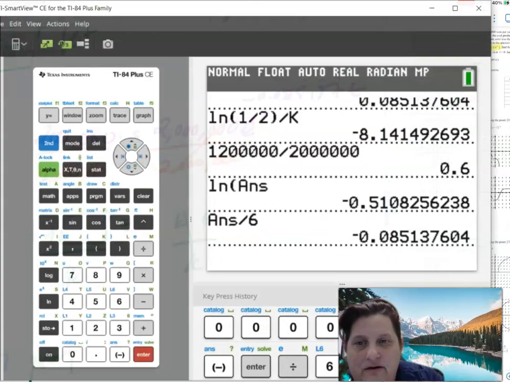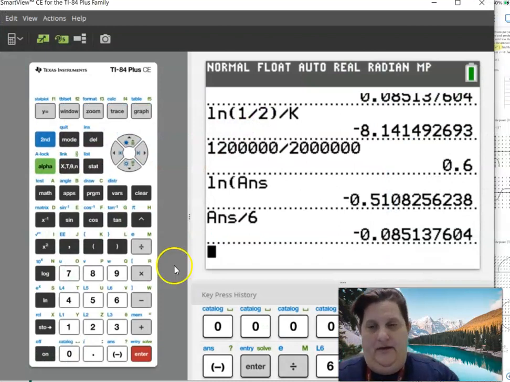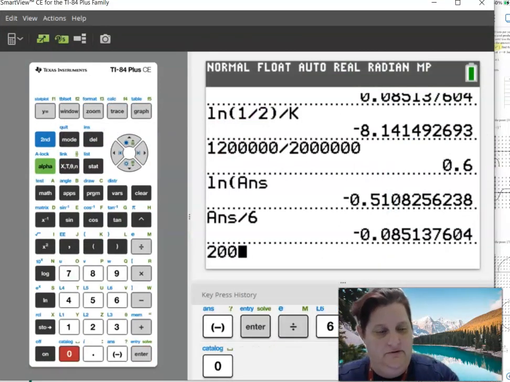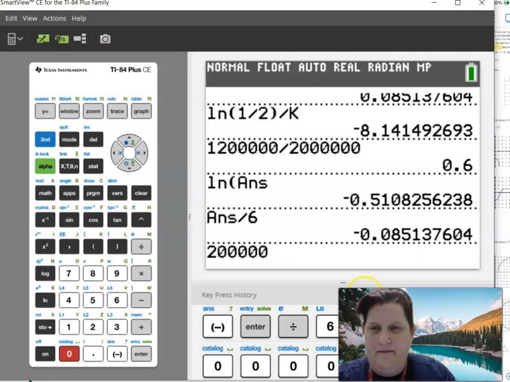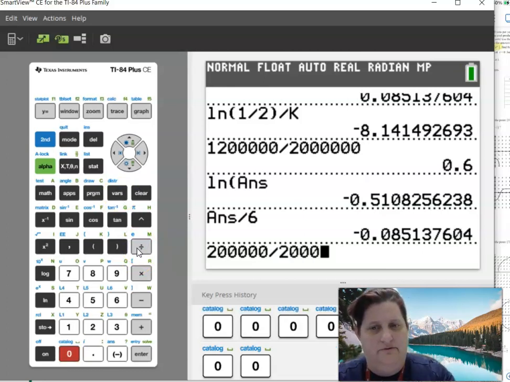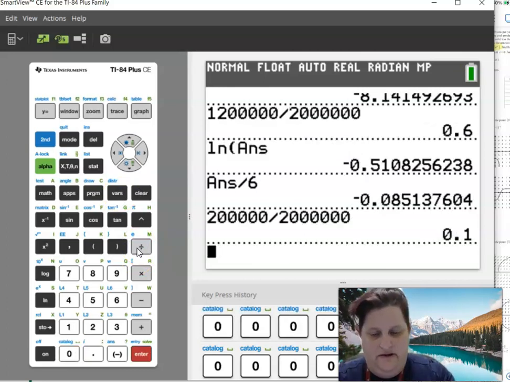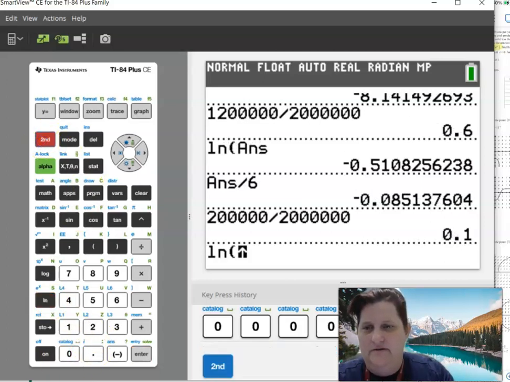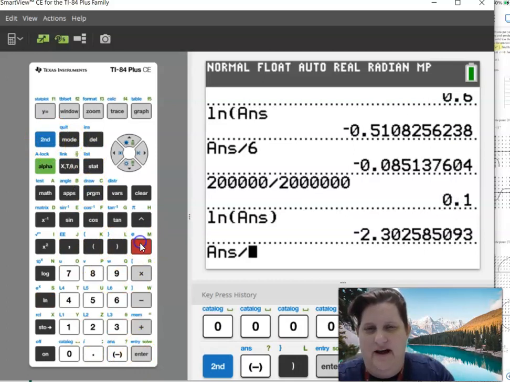All right, hopefully you guys get that. Okay, so check it out. I'm going to do this time, so I can do it right. 200,000 divided by 2,000,000. What's that? ln both sides. Get rid of the e, equals that. Divide by k.